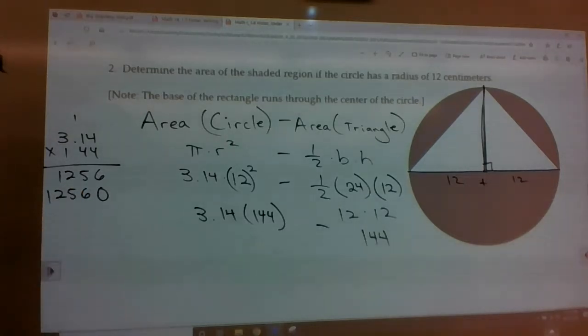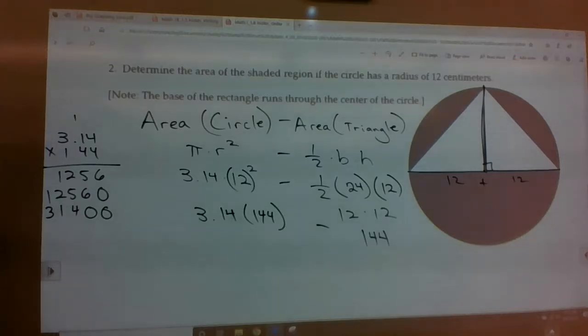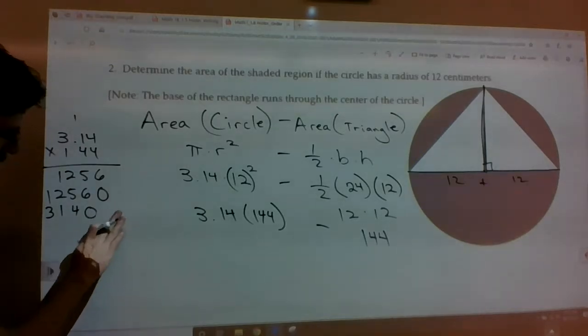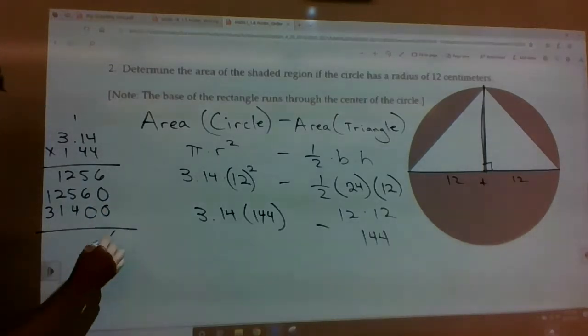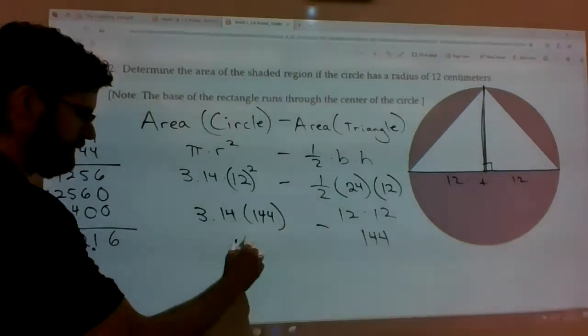Second row should be 12,560. And then 31400 should be the final row. Add your columns and you get 452.16.